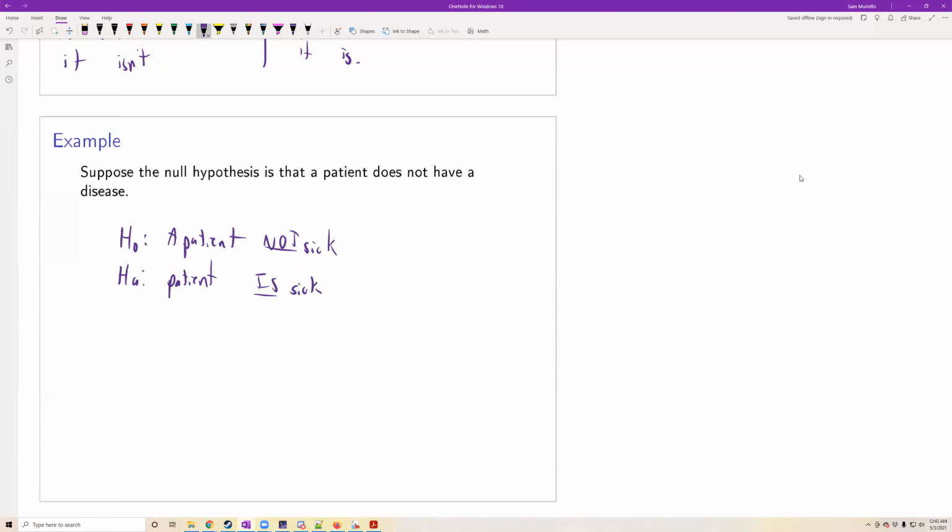Maybe we have some kind of blood test that we're doing to determine whether or not the patient is well. And we know that in this certain disease, it has elevated levels of the thing we're testing for. So if the levels are very high, we think you have the disease. But maybe the person's levels were high for some other reason. Or maybe they weren't that high, and so we thought that they didn't have the disease. So that's what this error is looking at, is that the results of the test don't match up with the reality of the world.